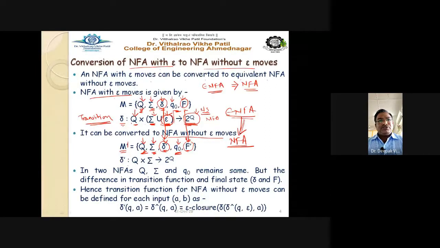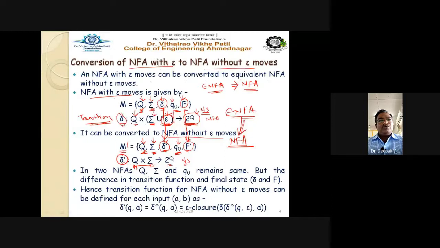So see the definition of delta dash here. Delta dash equal to Q into sigma gives you 2 raised to Q. Getting this point? State into input gives you the next state. Current state into input alphabet gives you the next state or the new state. So this is the difference between delta dash and delta.